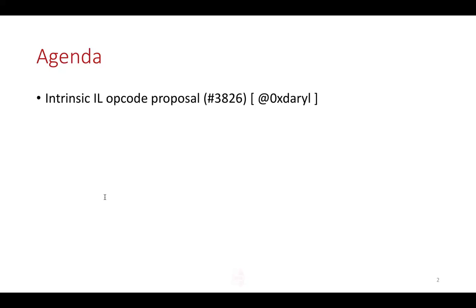And I guess in theory, the notion would be that the optimizer is unlikely to do anything with this intrinsic. It's a kind of a pass-through for the optimizer. Other than perhaps simplification, right?